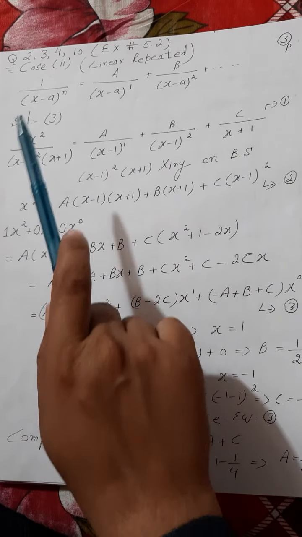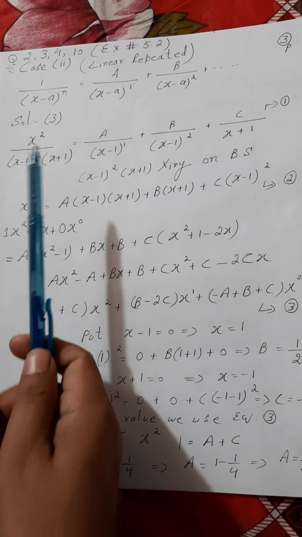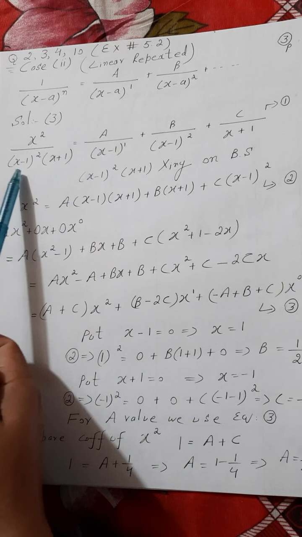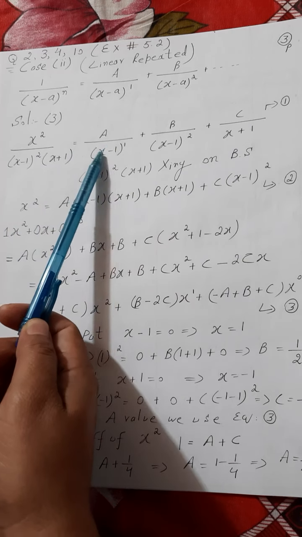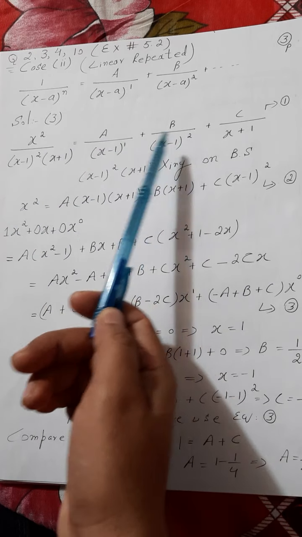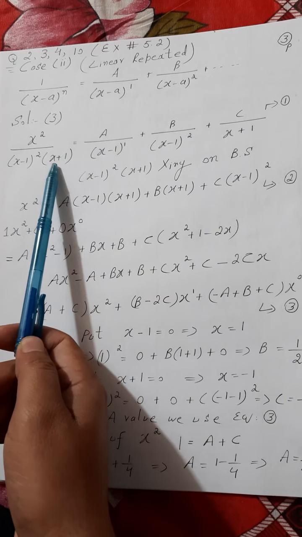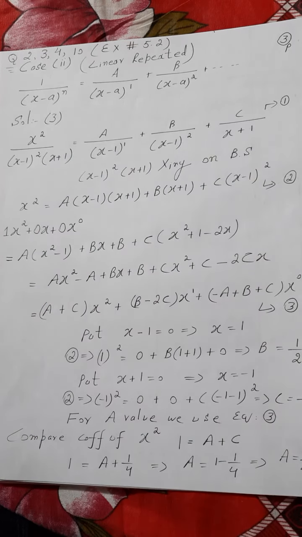Question number 3 of exercise 5.2. So a is divided by the first factor x minus 1. There are 2 times, so write the first time x minus 1 raised to power 1, and x minus 1 squared, and there is a non-repeated linear factor, so this is c divided by x plus 1.